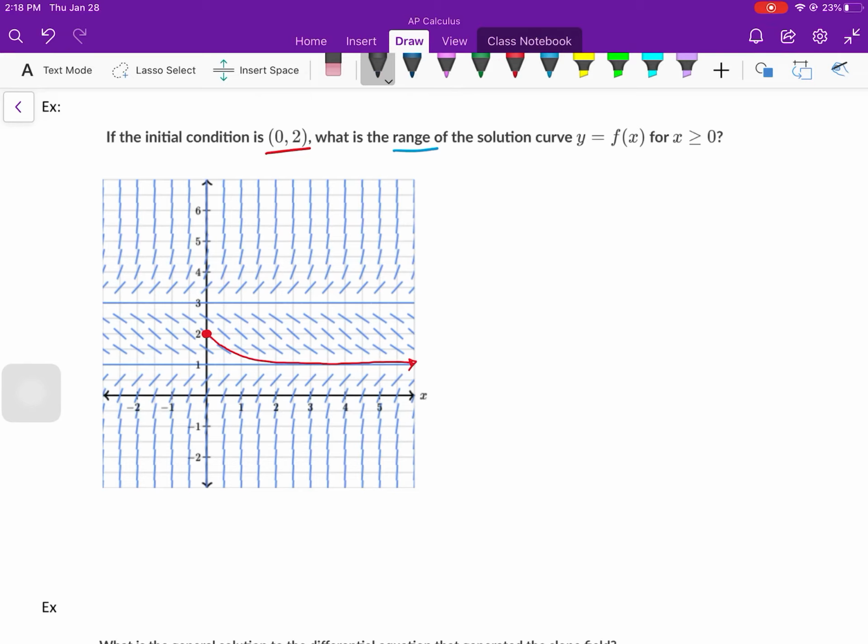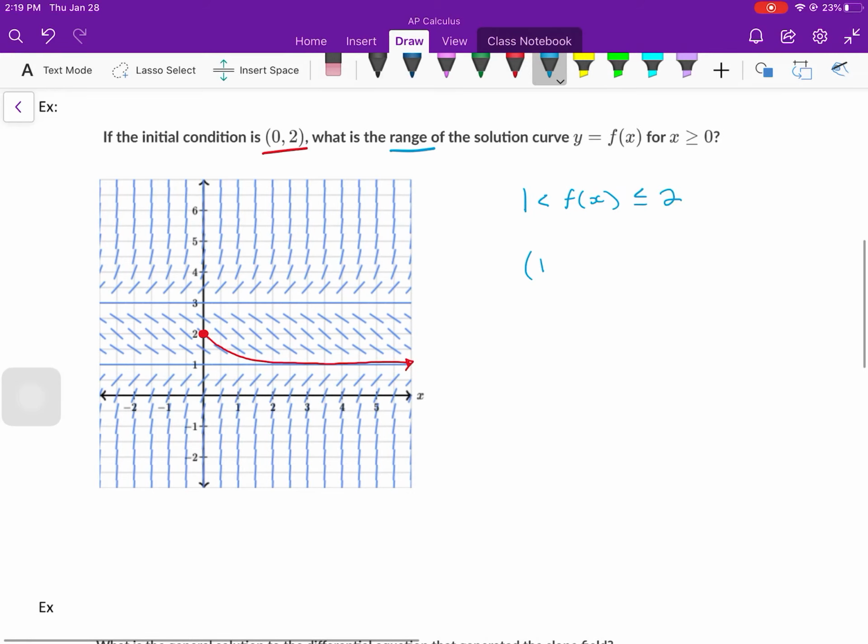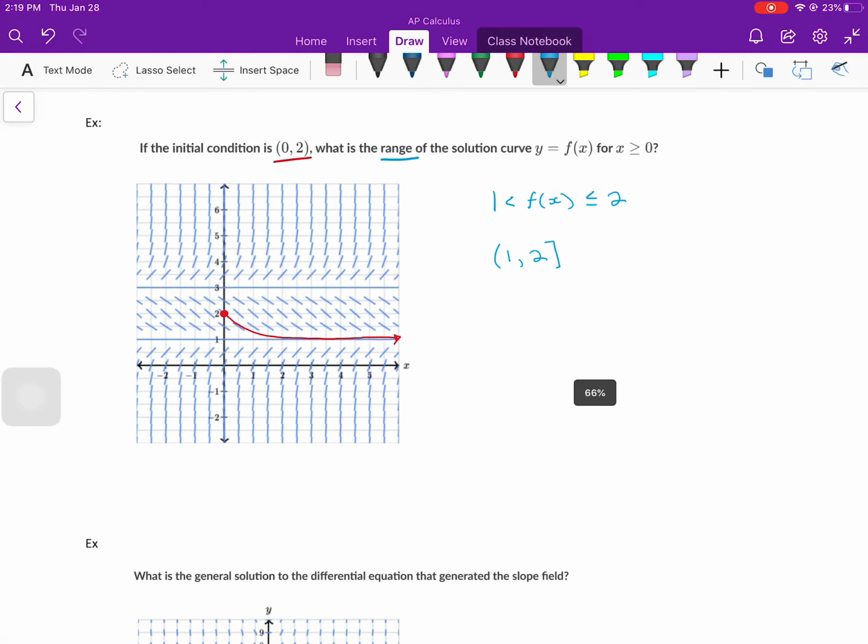So really, our range is from 1 to 2. I'm going to leave it open at 1 because I'm not entirely sure. I don't think it ever actually equals 1. It might just get really close to it. And that's what our range would be. They might put it in interval notation. Who knows?